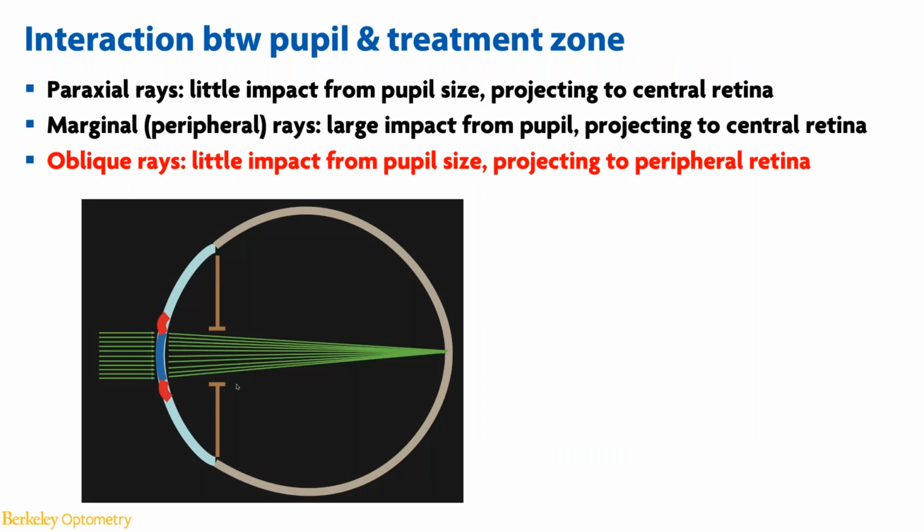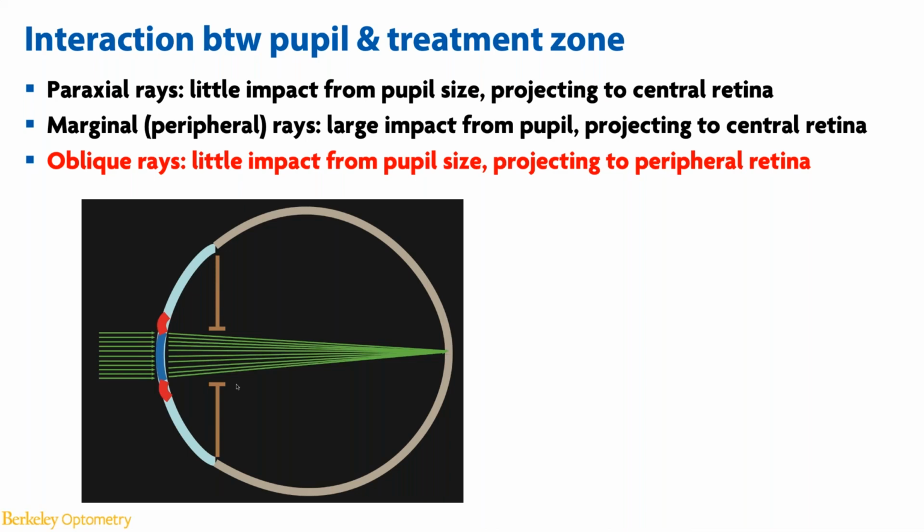A related discussion is on how the pupil size is interacting with the post-ortho-K corneal shape, and why we're focusing on really pushing for a smaller OZ in the ortho-K treatment to hopefully achieve a better anti-myopia efficacy.